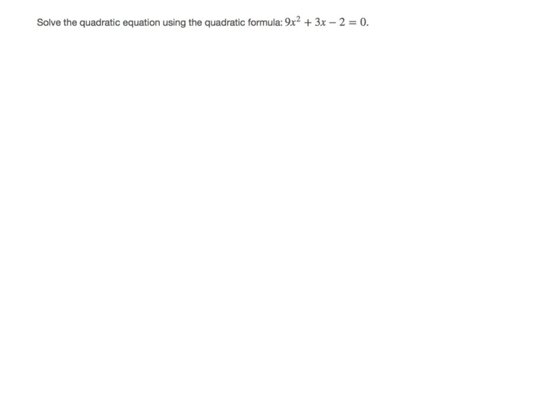Okay. Solve using the quadratic formula. Once again, x is equal to the opposite of b plus or minus the square root of b squared minus 4ac all over 2a. Let me note a, b, and c first so nobody gets confused. A is 9, b is 3, c is negative 2.